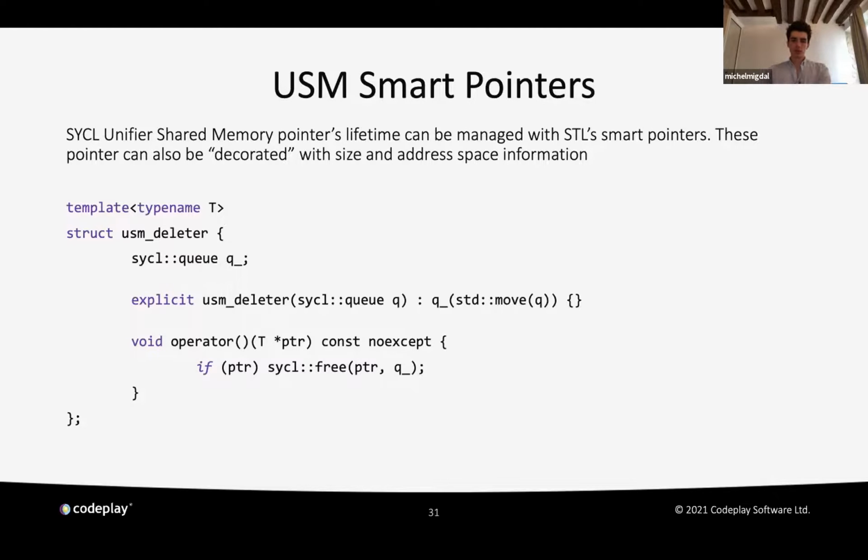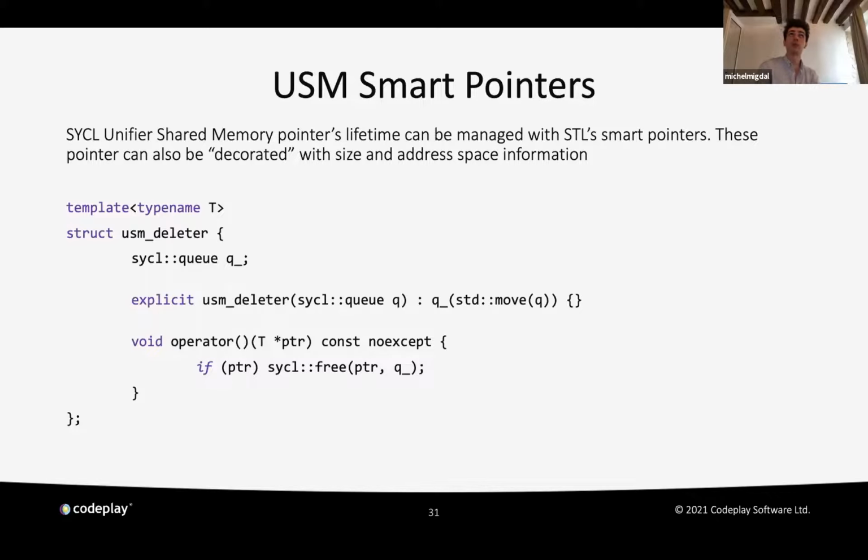Something else I had to do, which can be useful, is to wrap your unified shared memory pointers in smart pointers, like unique pointers and shared pointers. Don't use shared pointers, let's just talk about unique pointers. Basically, you can write a functor, which is a deleter.